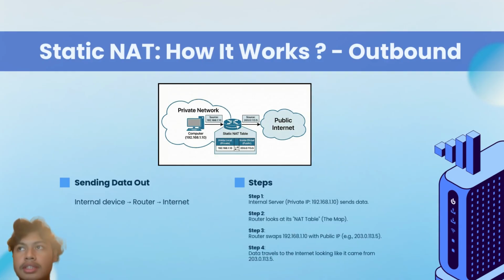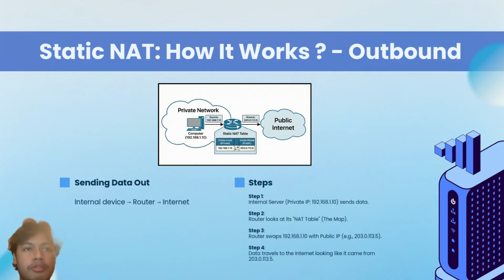Now I will explain how exactly static NAT works. The first part is outbound. Outbound is basically sending data out from our internal private server to the public internet. So how does traffic actually leave our network? For the first step, our internal server with the private IP, as you can see on the diagram, 192.168.1.10, will send some data out, and then the router will stop the packet and check its static NAT table, which is also called the map.